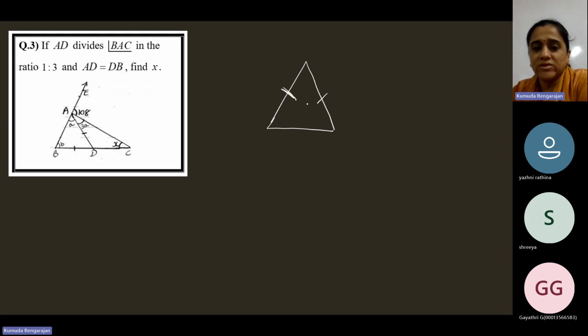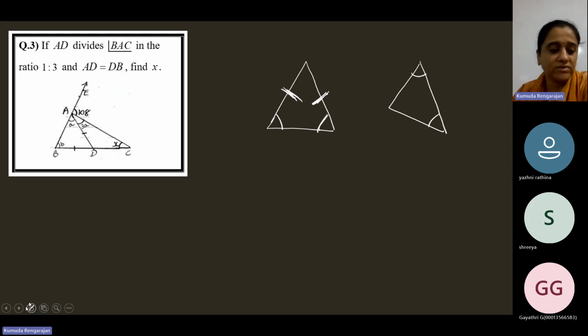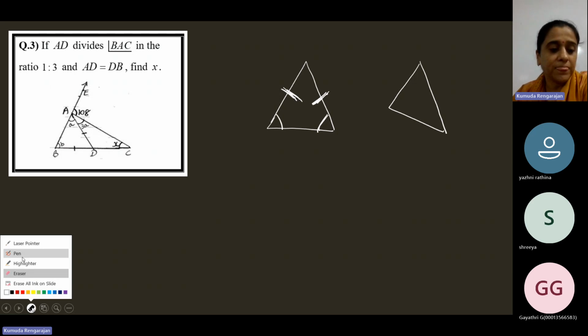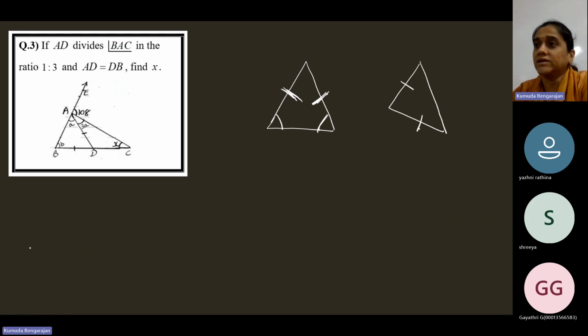Now, which is the angle opposite to this side? This angle. Which is the angle opposite to this side? This angle. When these two sides are equal, the angles opposite to them are also equal. Supposing this side is equal to this side, which is the angle opposite of this side?